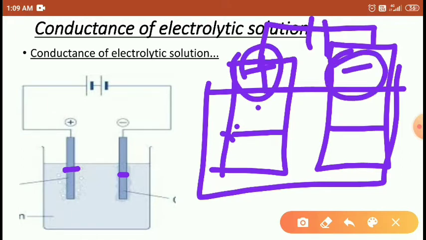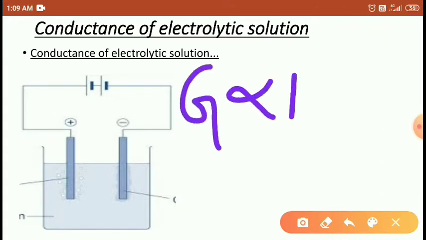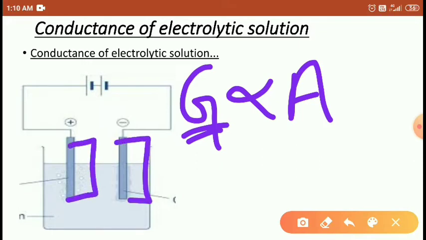Understood? That's why we say conductance is directly proportional to area. G stands for conductance, and conductance increases by increasing the area of the electrodes.